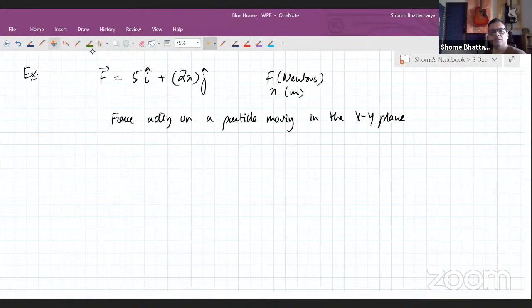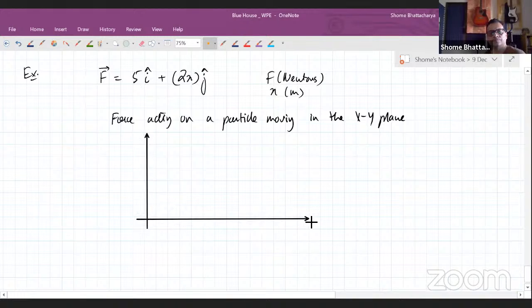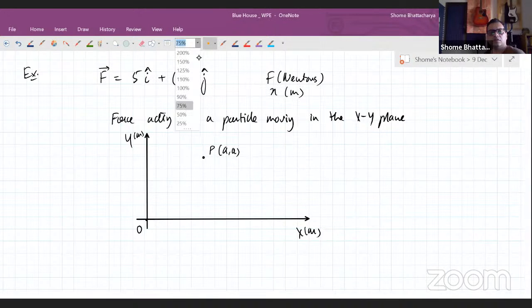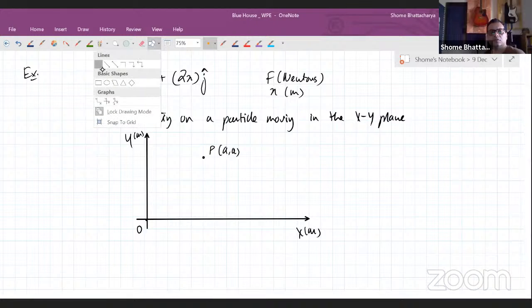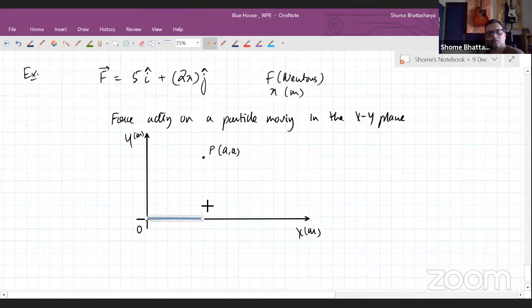Okay, so this time the particle again moves from the origin to some point P. Now this time we'll take the point P as A comma A. And we'll take a more interesting example where our first path is like this.